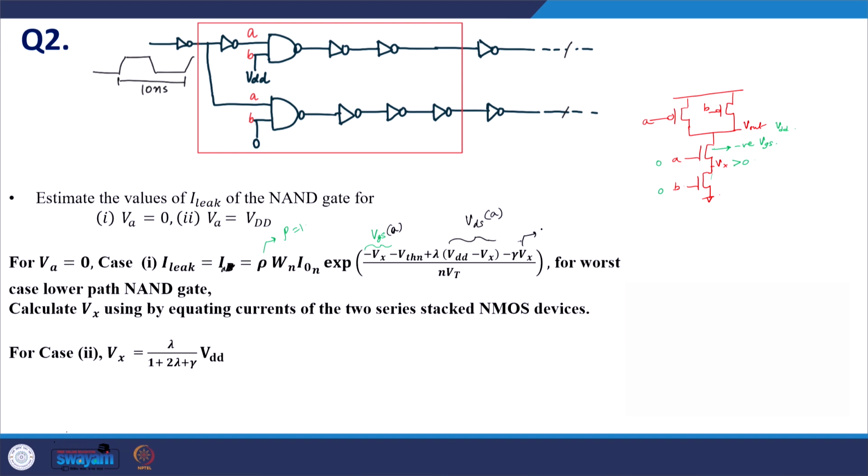Minus Vx is the VBS, body to source voltage of transistor A. So, this is transistor A's current.